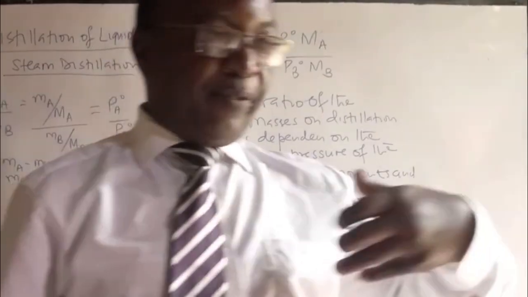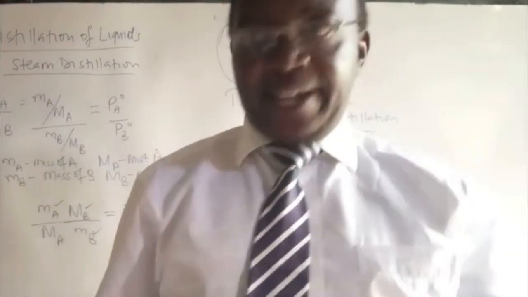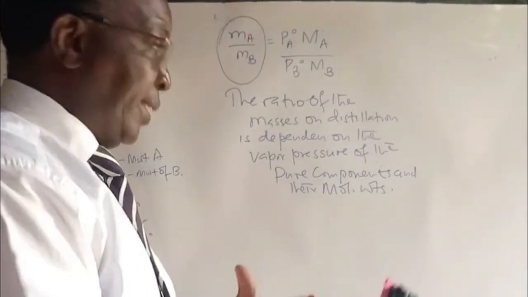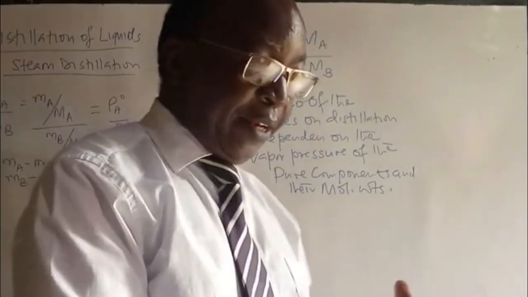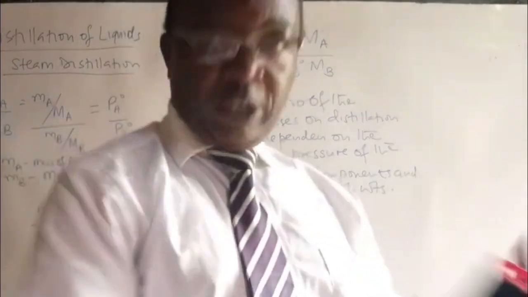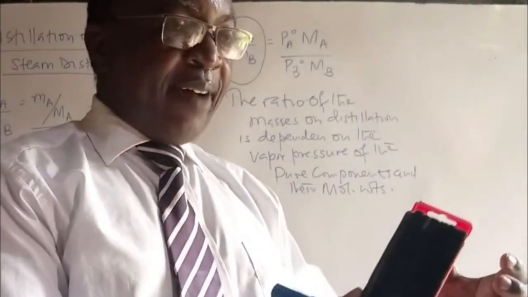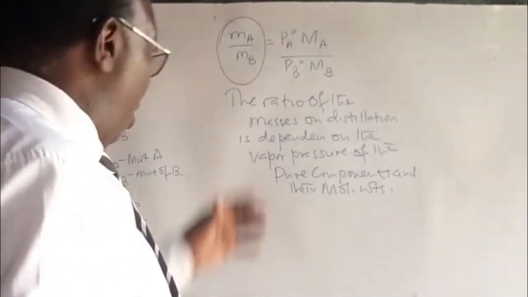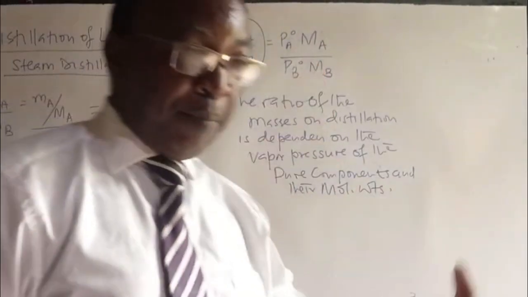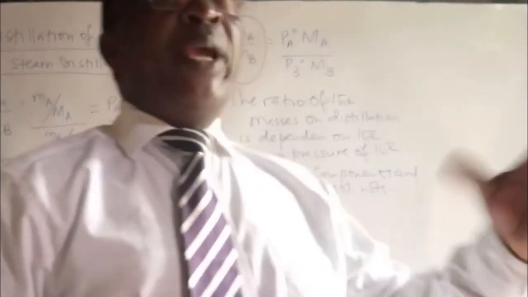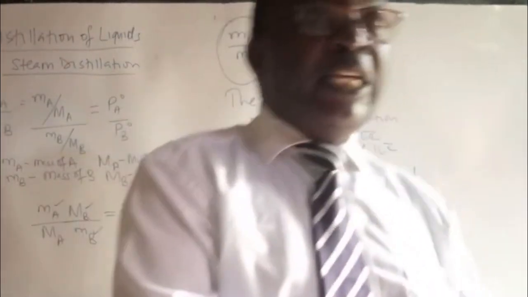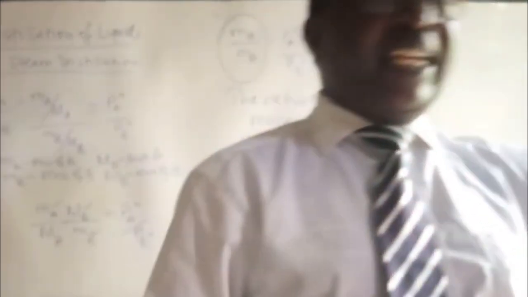Very important for you to note that when you're dealing with soft chemicals, organic chemicals, these are chemicals which, if you heat them excessively, they degrade. So sometimes you can mix that organic chemical with water. We have said the total pressure basically will be the sum of the vapor pressures of the individual components. That will allow this liquid to boil at relatively low pressures, because remember, boiling is when you balance the two pressures.